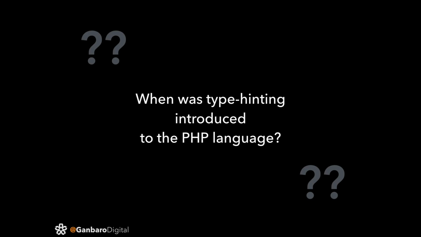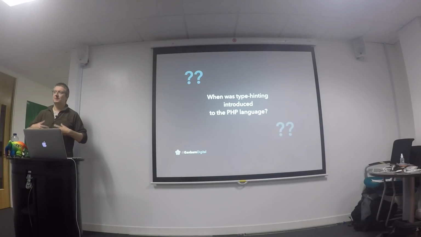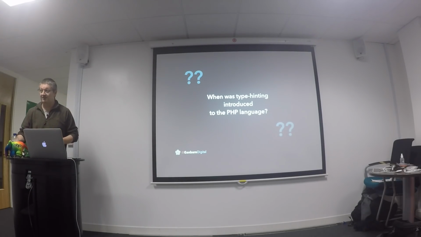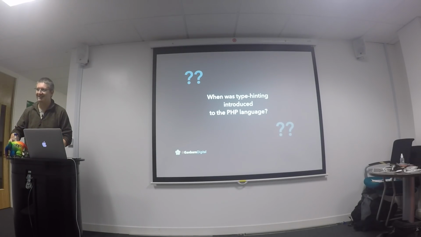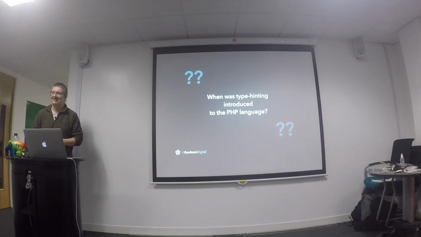Okay. Now what about type hinting? Now PHP 7's brought that to the fore with the way it's extended what can be type hinted to make it practical and the fact you can enforce it now. But do you know when type hinting was introduced to PHP? Anyone's guesses? Yes, please. It was originally introduced as classes and arrays in PHP before it was extended later on.